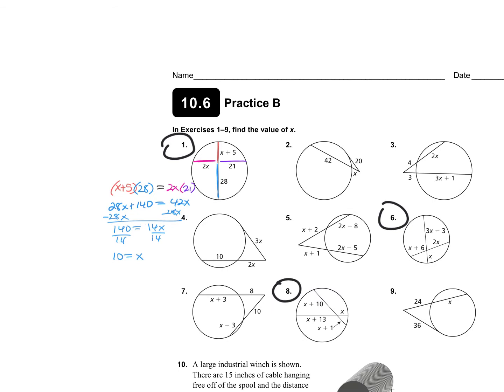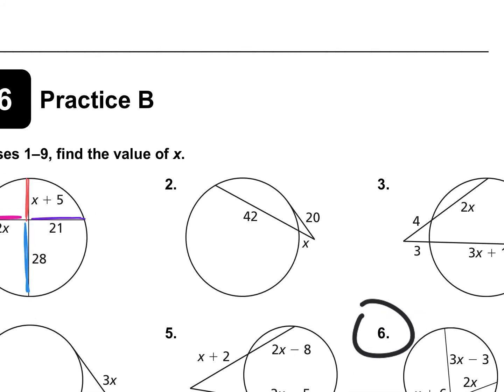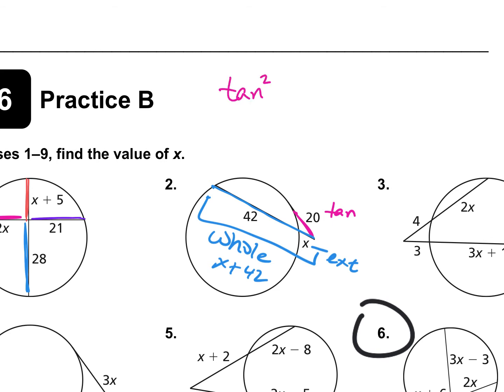Now, if you do the next one, number 2, notice this 20, this is a tangent. Then this one right here, this is a secant segment. So remember, for the secant segment, it's whole, so x plus 42, times this external piece. So for this one, it's tangent squared is equal to whole secant times the external piece.